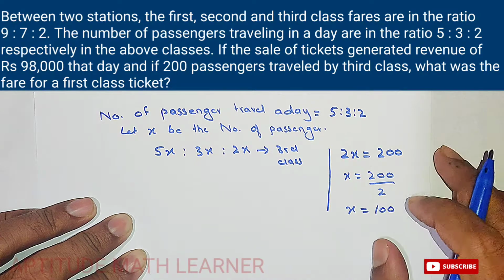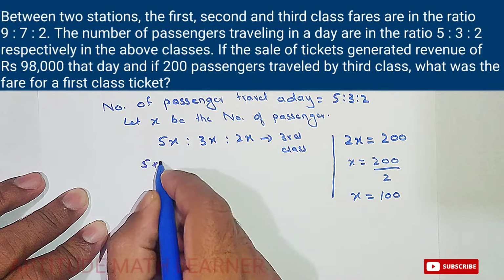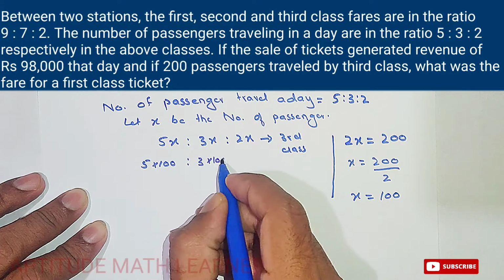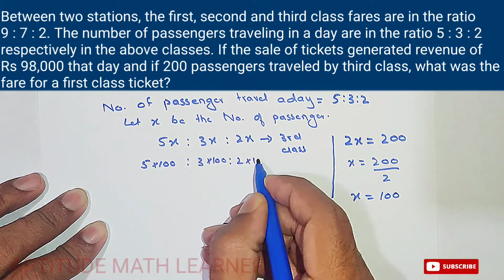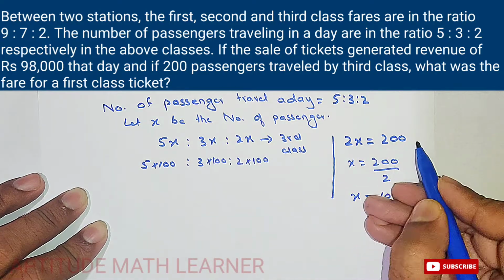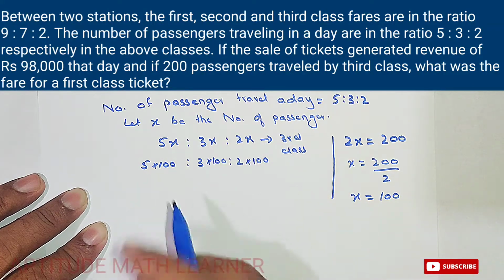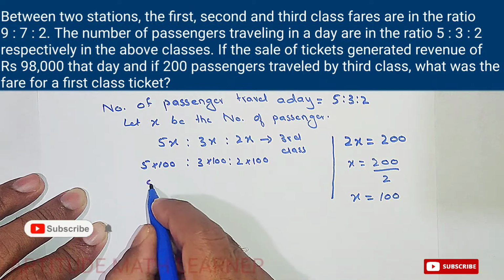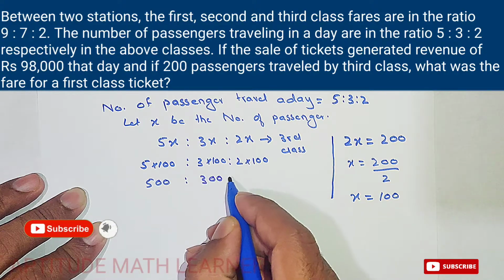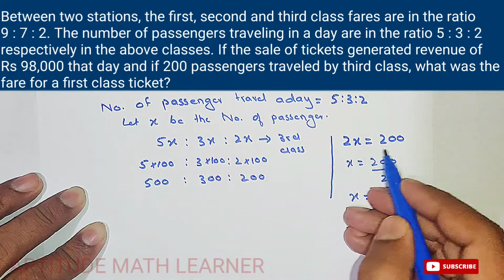Now we can easily find the number of passengers: 5 multiplied by 100, 3 multiplied by 100 and 2 multiplied by 100. We already have the number of third class passengers, 200, but just to make the method clear, we get 500, 300 and 200.